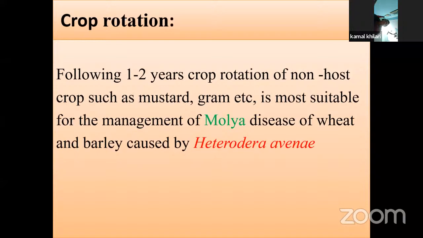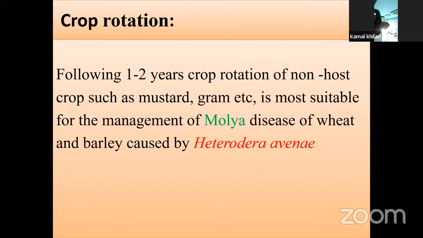So there are different cultural practices. With the help of these cultural practices, we can manage the nematode. Some of the nematodes are very host specific. They can cause infection only in certain hosts. So we can follow crop rotation. For example, there is the Molia disease caused in wheat and barley. The nematode is Heterodera avenae.